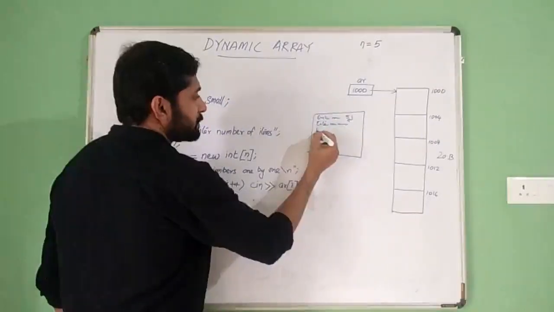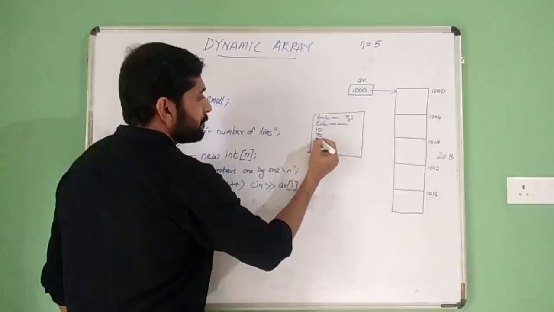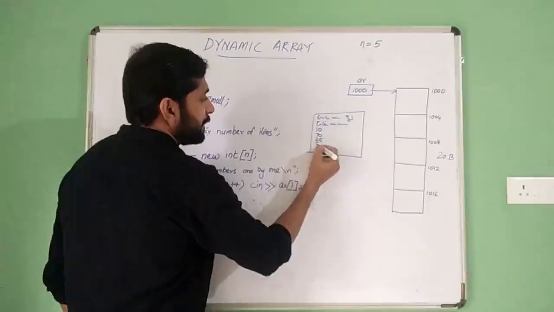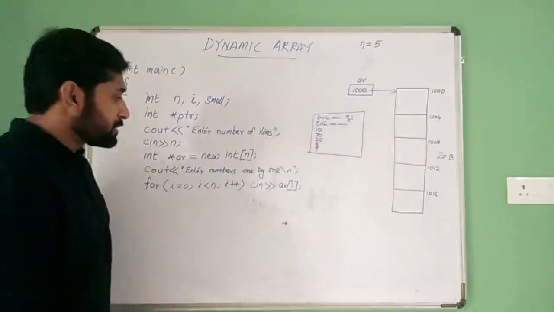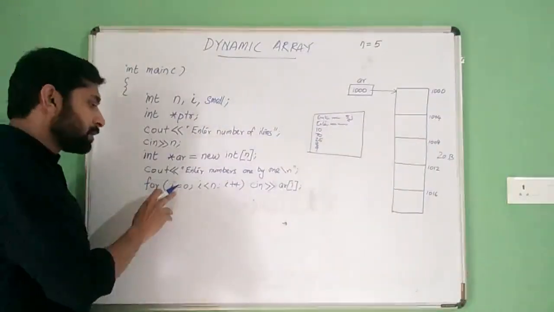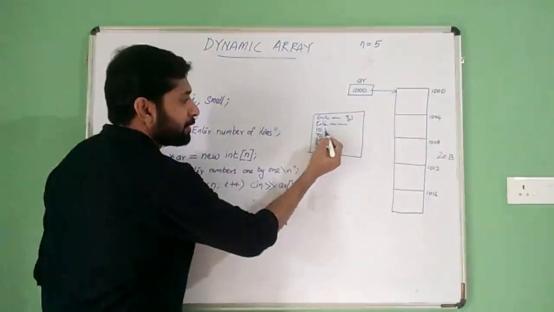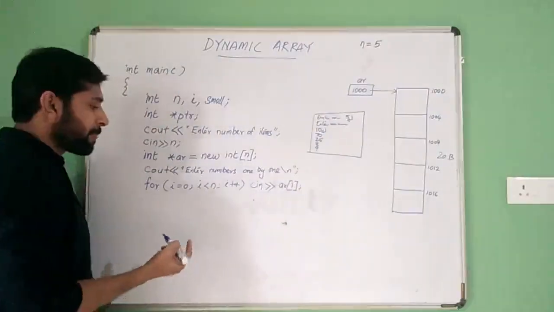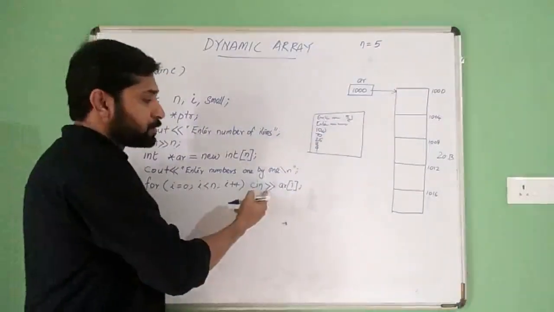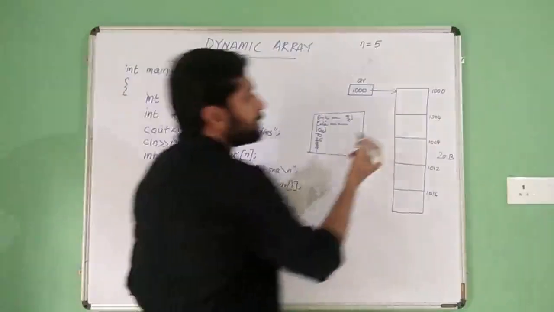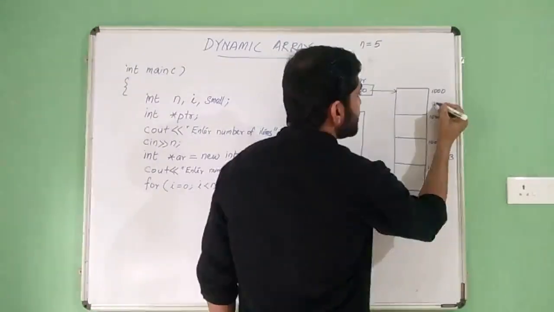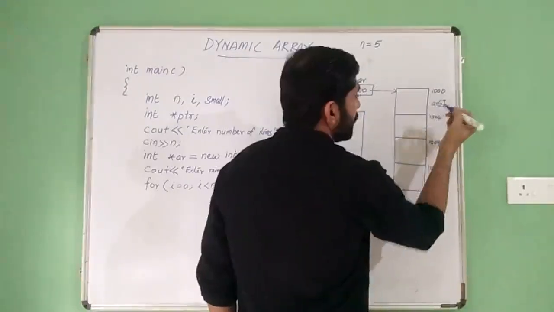So we will input say 10, 70, 25, 8, 9, etc. So what happens? The first time we will enter 10 and press the enter key. That item will be stored into ar of i, that means ar of 0. This location is ar of 0.